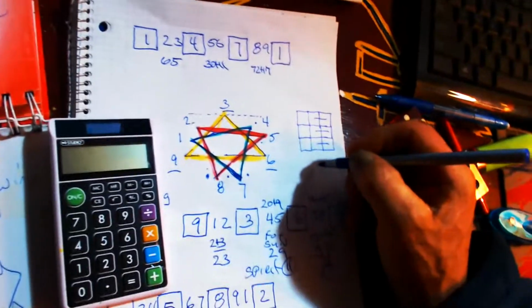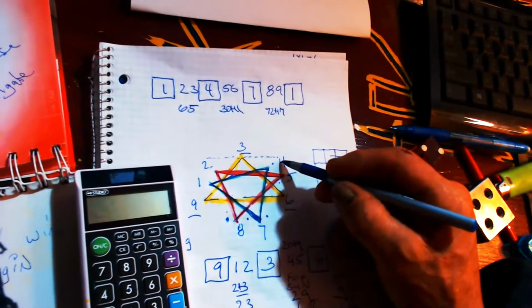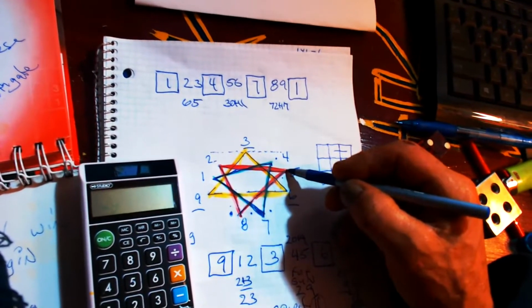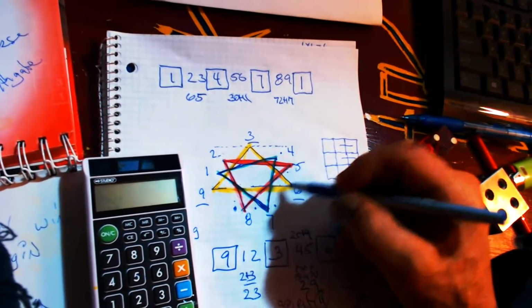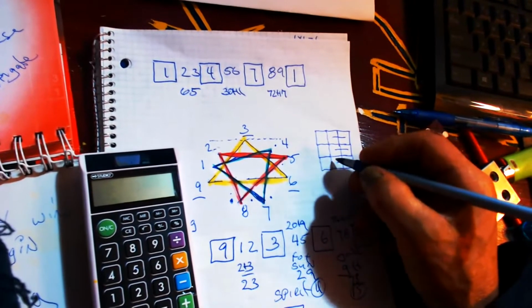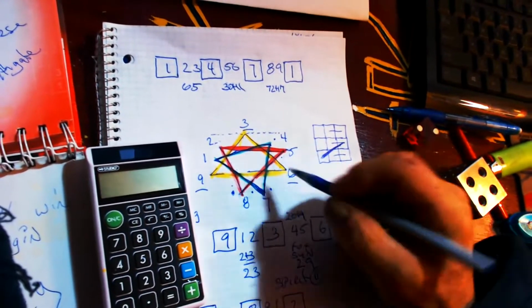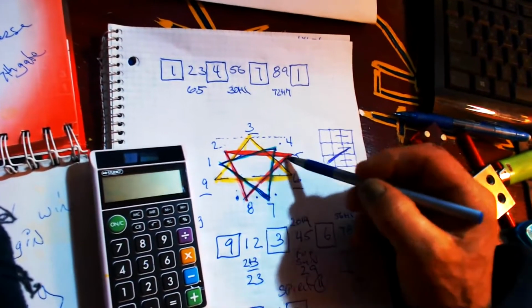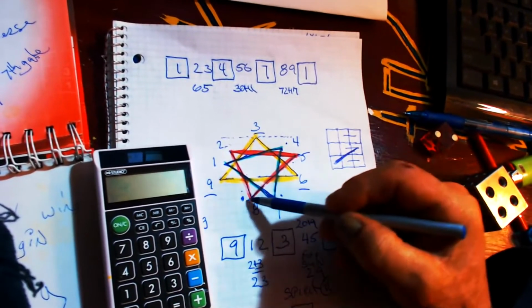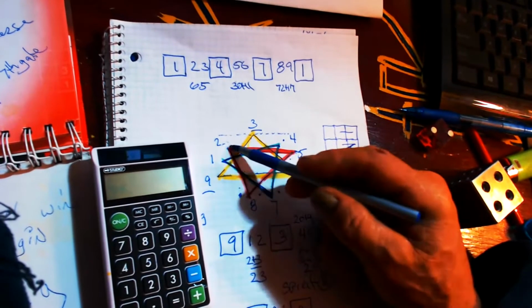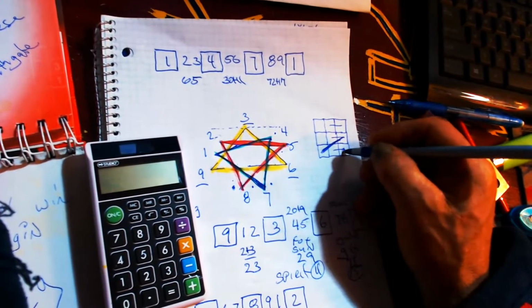Those are the 3 in between those. In between 2, 5, 8 is 6 and 7. Here is 6 and 7. In between 8 and 2 is 1 and 9.